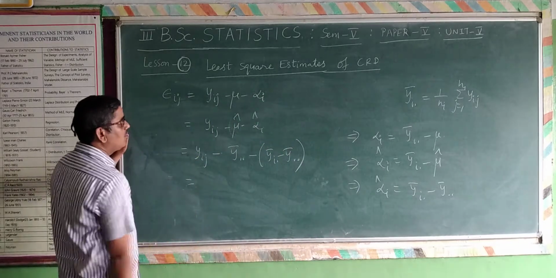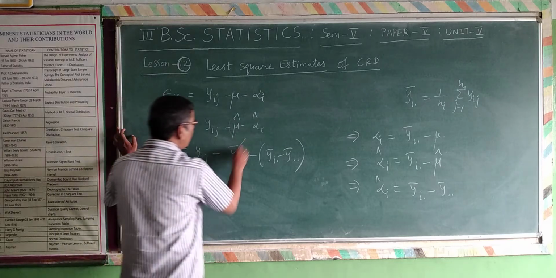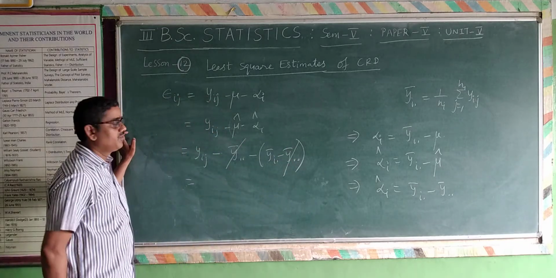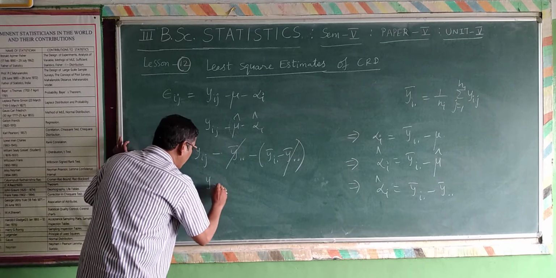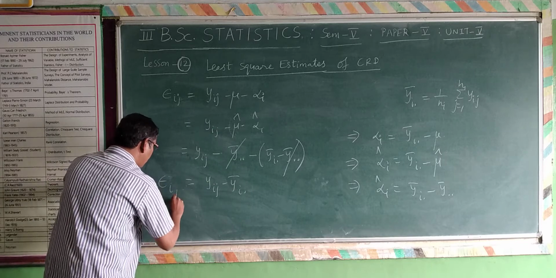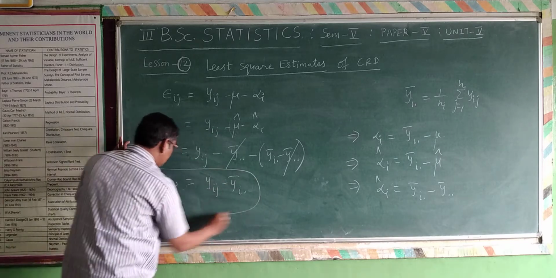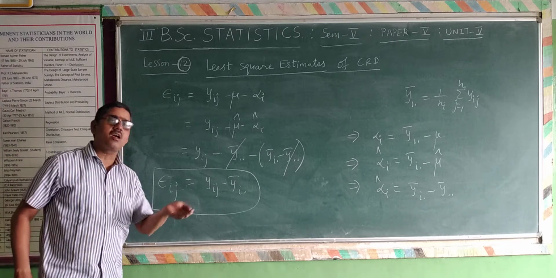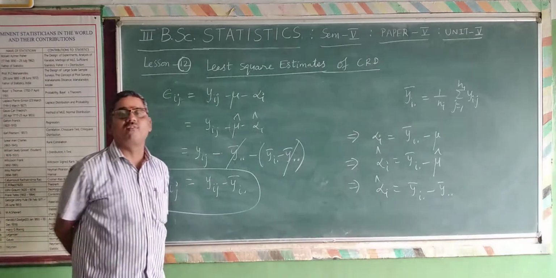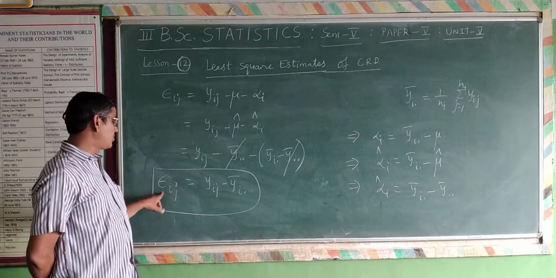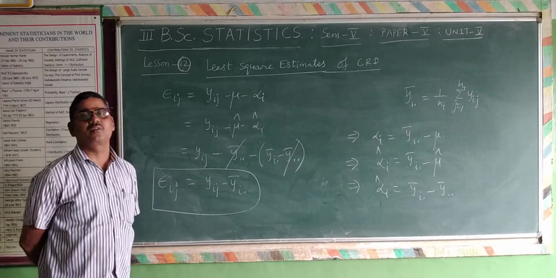So by cancelling y bar dot dot, minus and plus, what we have is yij minus y bar i dot. That is the formula of epsilon ij. This is how epsilon ij is estimated from the estimates of the parameters mu and alpha i. Therefore epsilon ij is equal to yij minus y bar i dot.